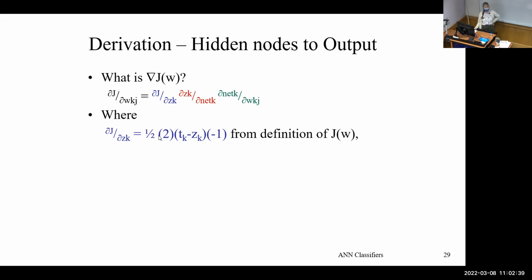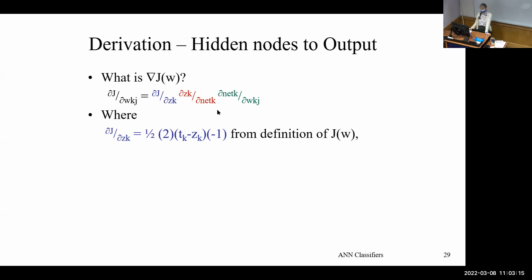We get the 2 from the squared; the derivative of x squared is 2x. And then a -1 for our zk. Oops, I wrote this the other way. Okay with the math? So that's the first part of this big gradient.